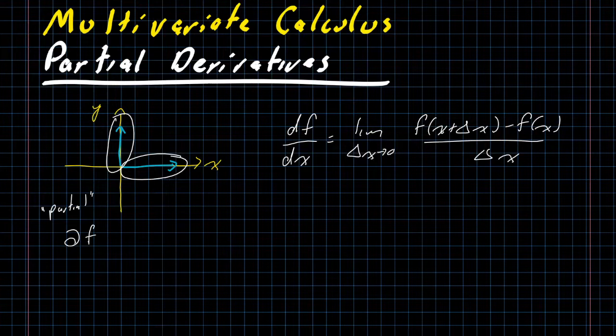So partial f partial x will be the limit as delta x goes to 0 of f of x plus delta x. But I said here that f is a function in two variables. So I need something for x, and I also need something for y. We're going to simply leave y alone.